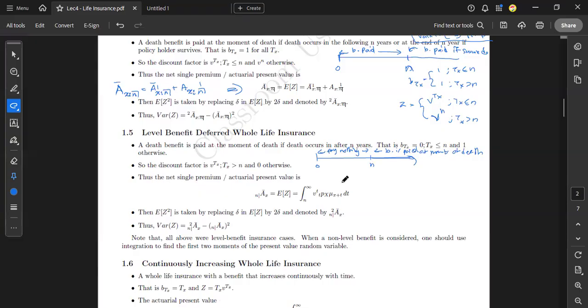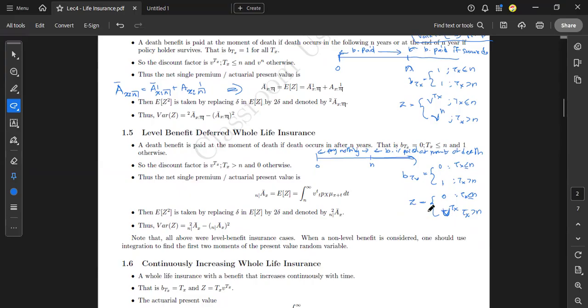In terms of the benefit function, the benefit is 0 for Tx less than or equal to n, but 1 for Tx greater than n. And the present value is again 0 for Tx less than or equal to n, but v to the power Tx for Tx greater than n.